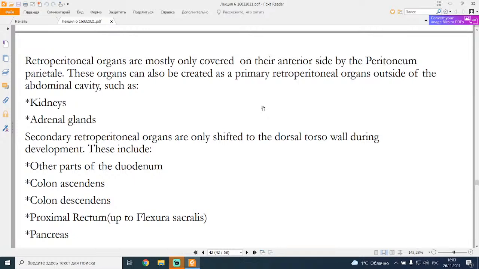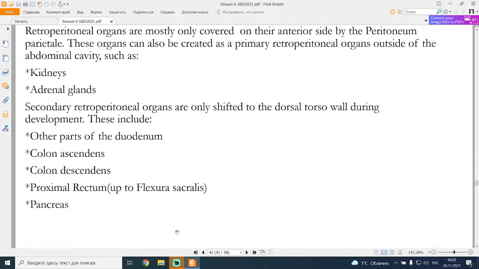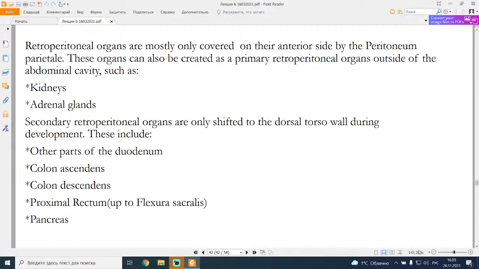Secondary retroperitoneal organs are only shifted to the dorsal torso wall during development. These include other parts of the duodenum, colon ascendens, colon descendens, proximal rectum up to flexura sacralis, and pancreas.